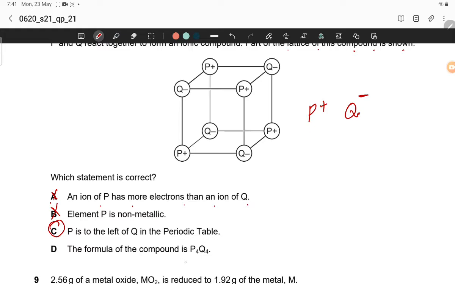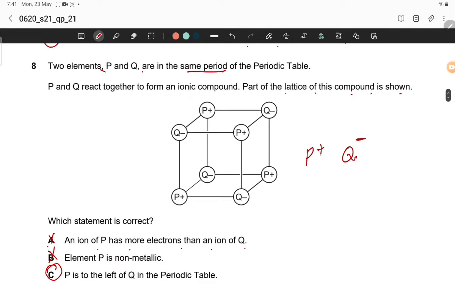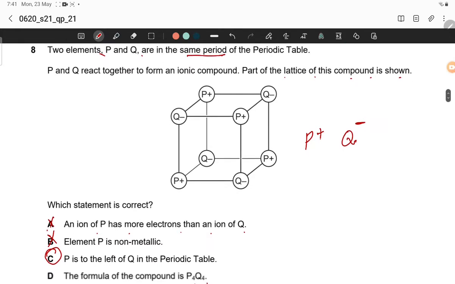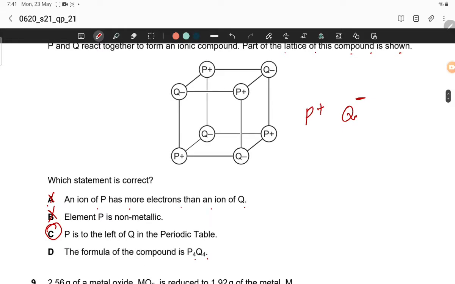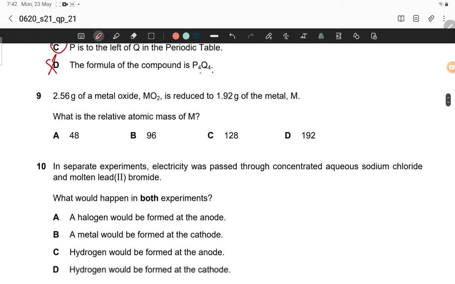The formula of the compound is P4Q4. So it is not P4Q4, because P carries a plus one charge, so the formula would be PQ. So it is also incorrect.